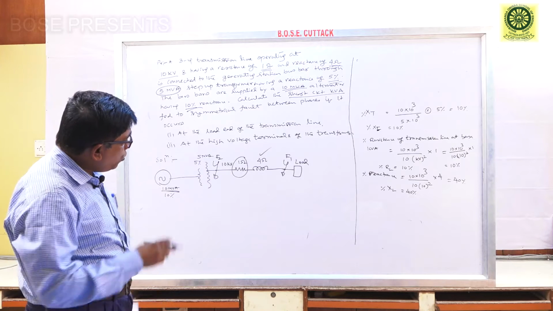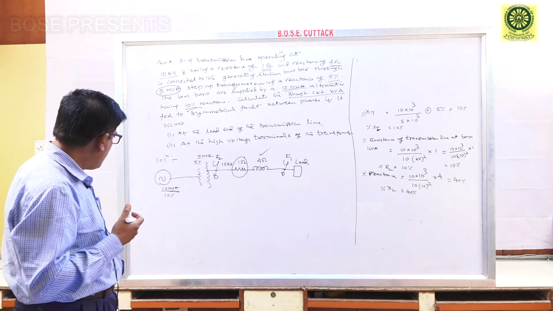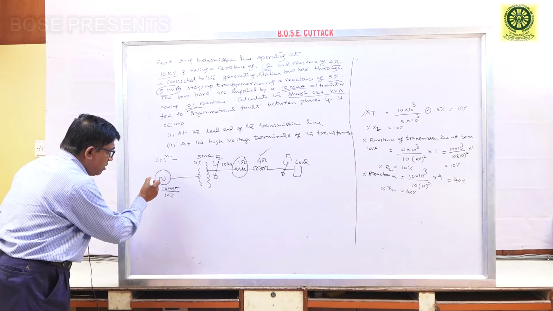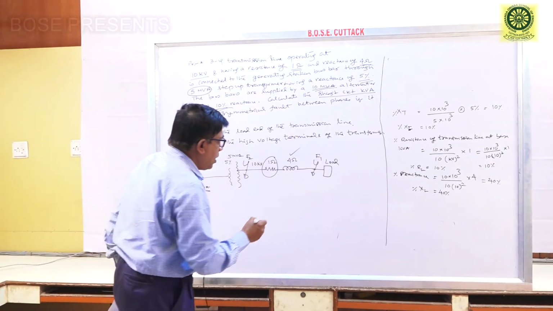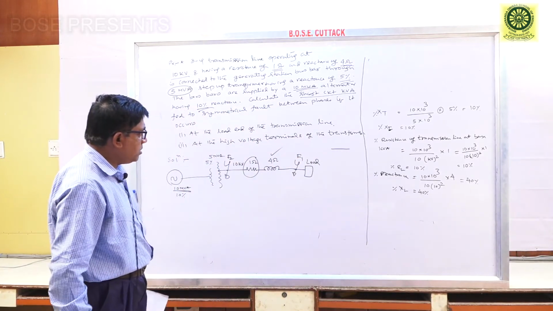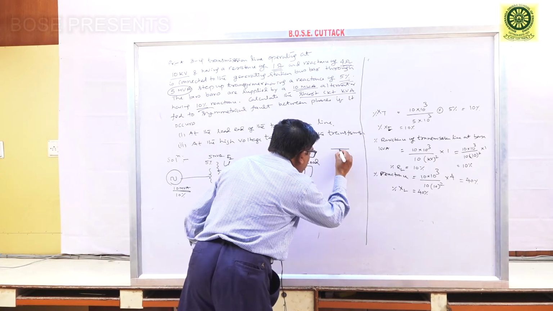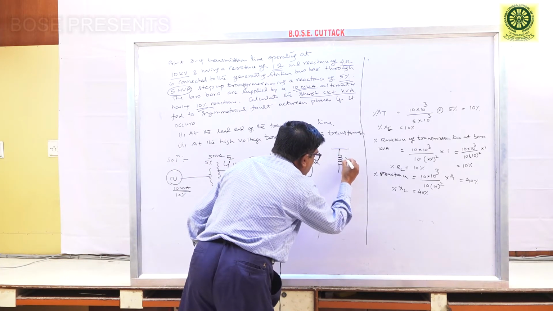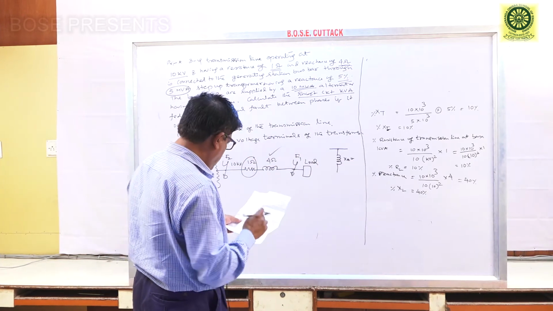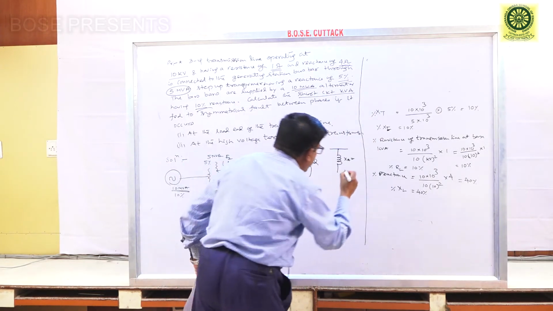Before going to calculate, let me draw the reactance diagram. This is your alternator. This is the earth, or you can say the neutral. So I am drawing this reactance diagram. Now this is the reactance of the alternator, XA. Already we have calculated, XA is equal to 10%.